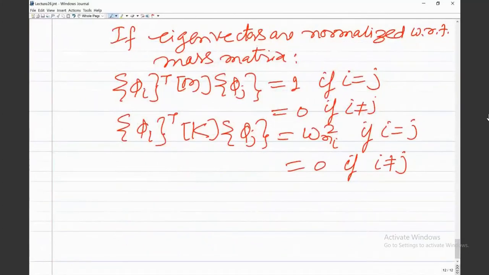So this is the property of these eigenvectors. This is known as the orthogonality property of the eigenvectors. If i and j are the same, that is unity; if i and j are different, this product is 0. Similarly, if i and j are the same, this product is omega ni square, and if they are different, it is equal to 0. This is known as the orthogonality property of eigenvectors.